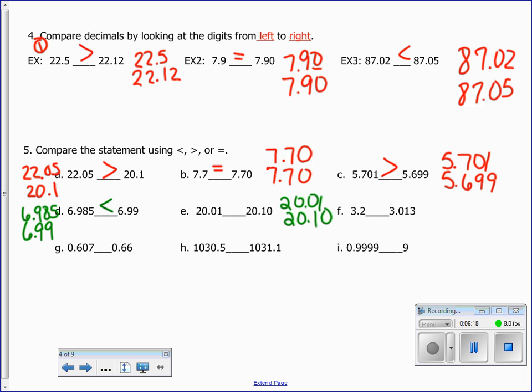In the tens place, the 0 is less than the 1, less than. Remember, there are understood zeros here.